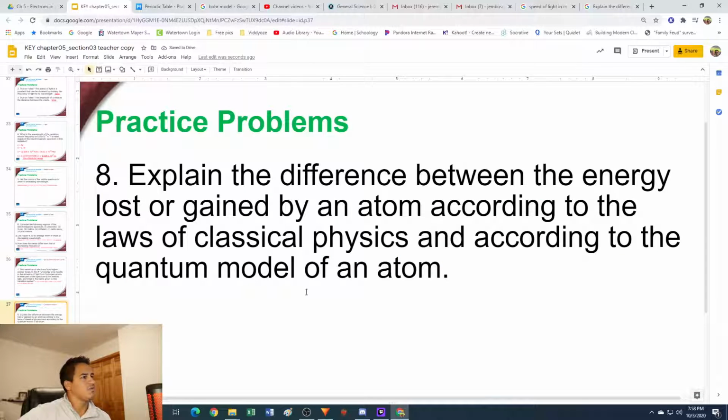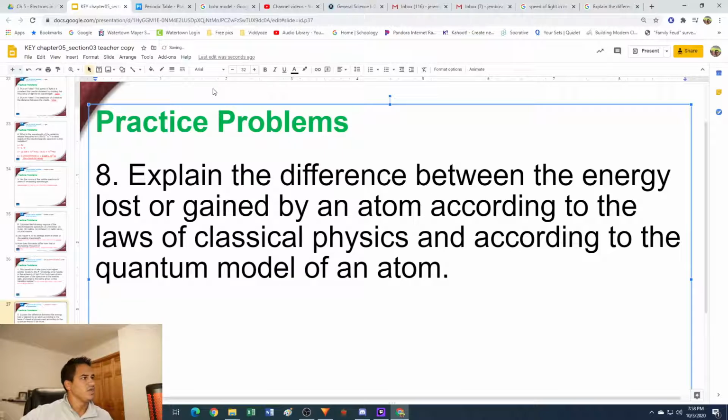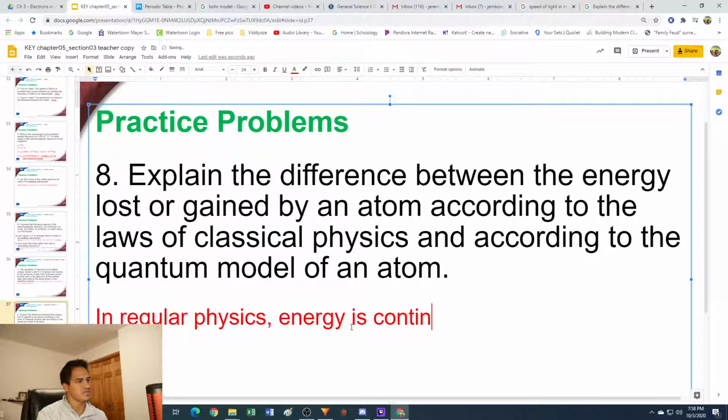All right, and then last question, explain the difference between the energy lost or gained by an atom according to the laws of classical physics and according to the quantum mechanical model of an atom. So basically, this one is kind of hard to get from the chapter section and reading it, but the difference between energy lost or gained in regular physics compared to quantum mechanics is, in regular physics, energy is continuously lost or gained all the time.